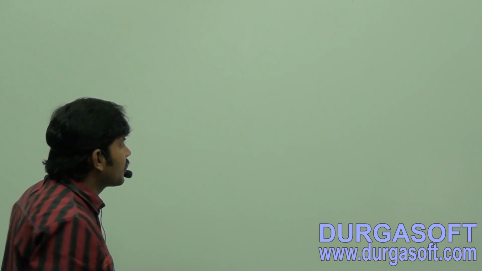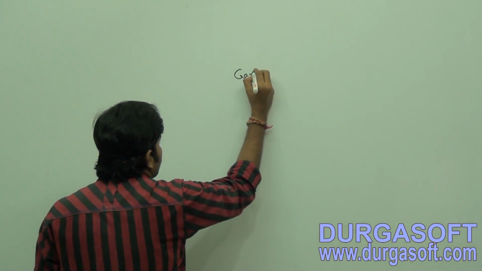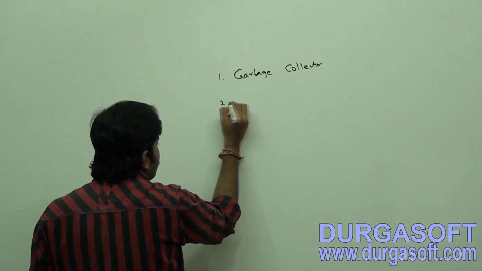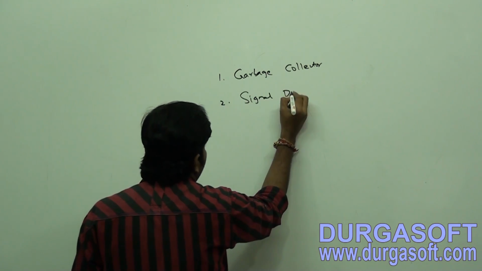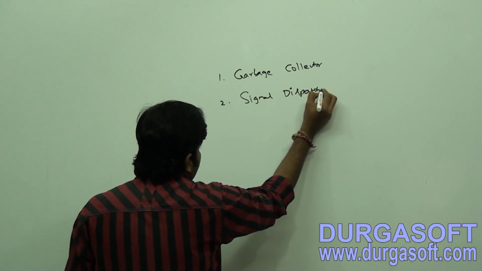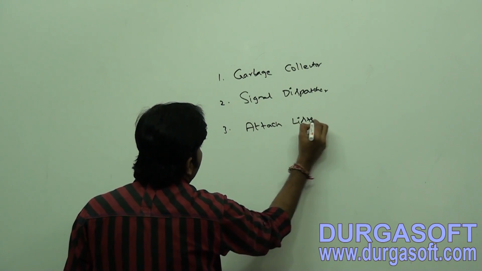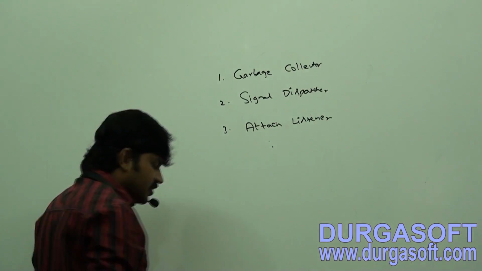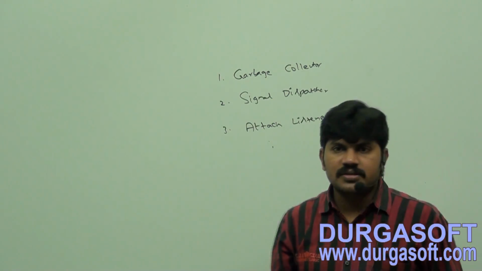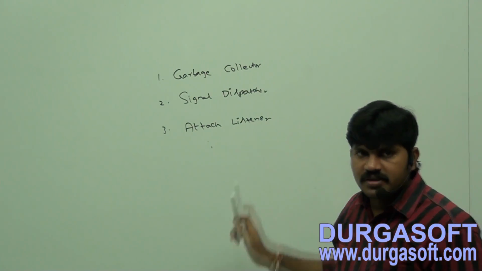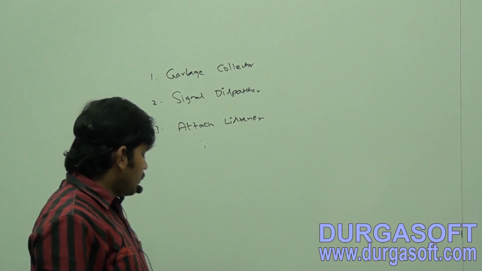Examples: garbage collector, signal dispatcher, attach listener, etc. Are you able to understand that?